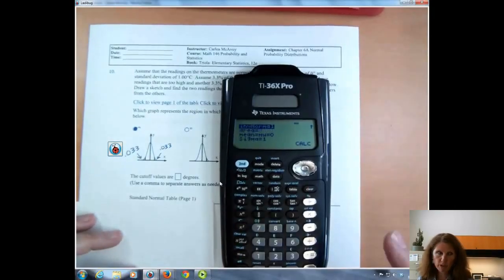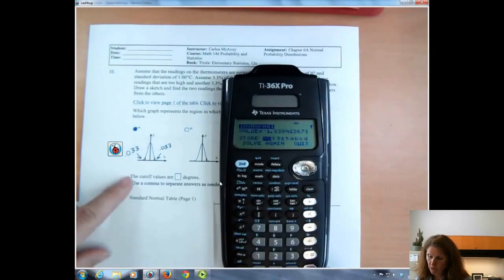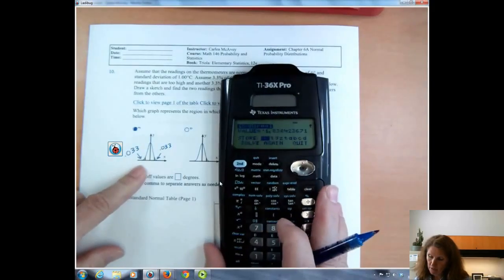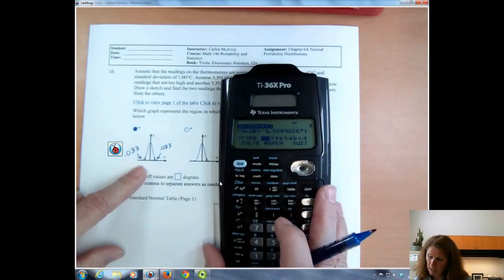I can always clear an area or something just to make sure I don't end up with something left over from before. If I do 0.033 and hit enter, it's going to assume I'm interested in what's to the left. And what's to the left is the z-score that would be to the left of that, negative 1.84.